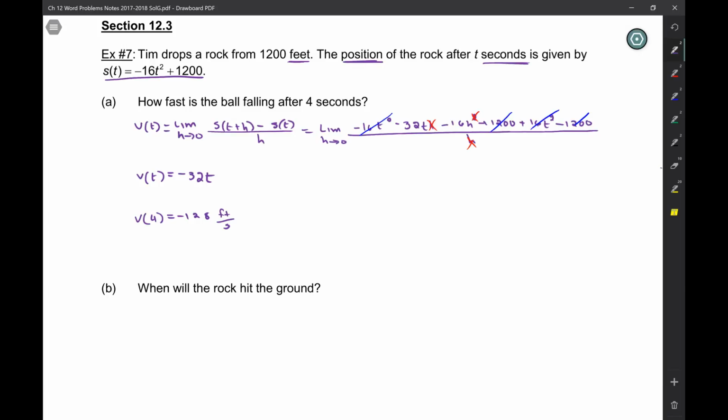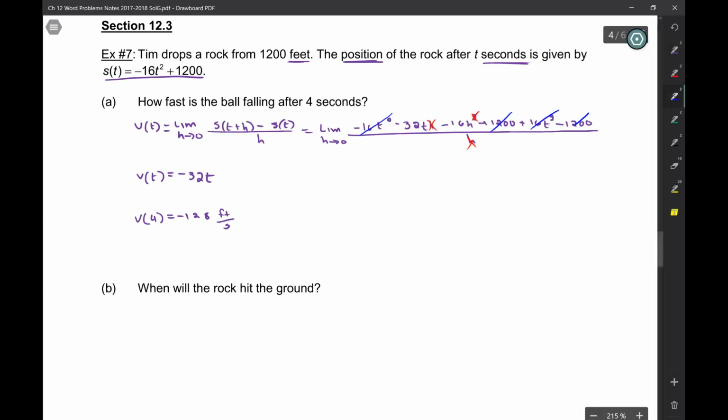Who can tell me something about this? At 4 seconds, the ball is dropping at a speed of 128. Okay, awesome. And why did you leave out the negative there? Because dropping is... Right, so if it's negative, then it's falling down.